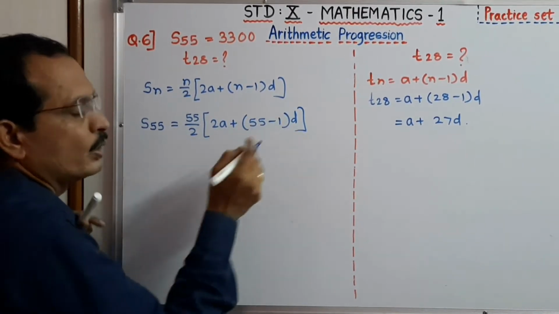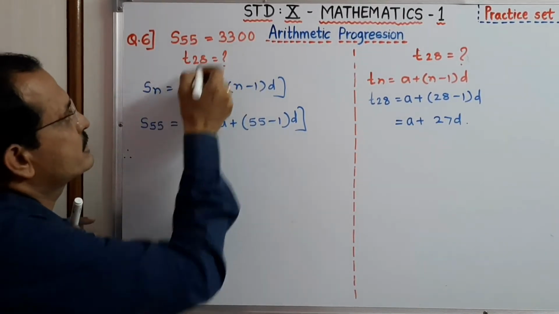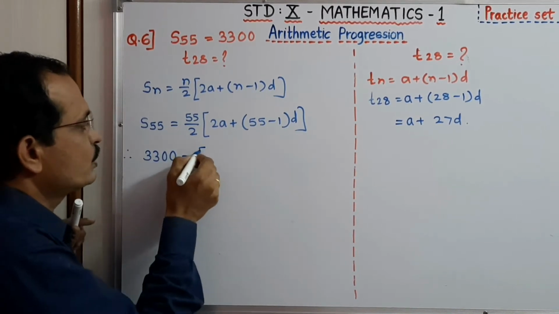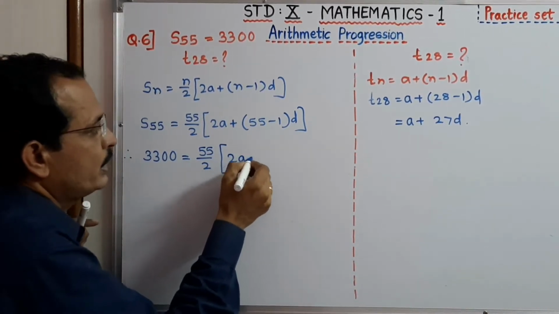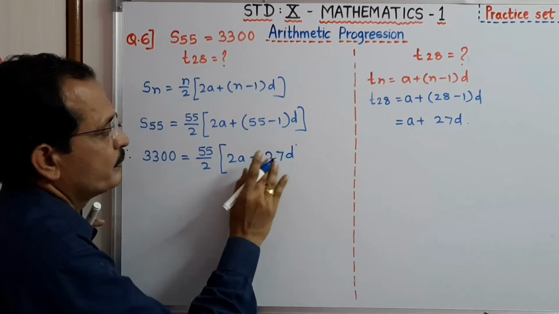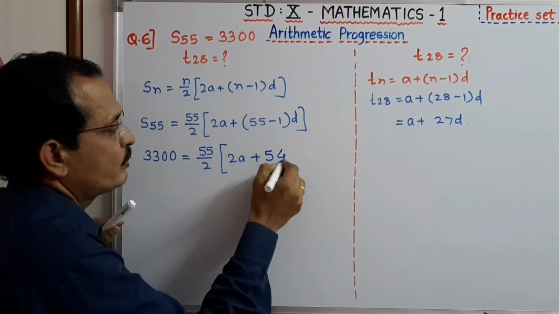We have to find out the values of a and d. Now here S55 is 3300, which is equal to 55 upon 2 into 2a plus, sorry, 55 minus 1, it is 54d.